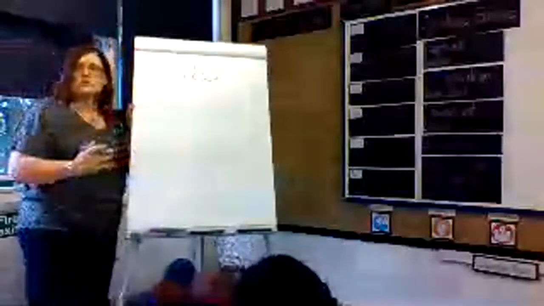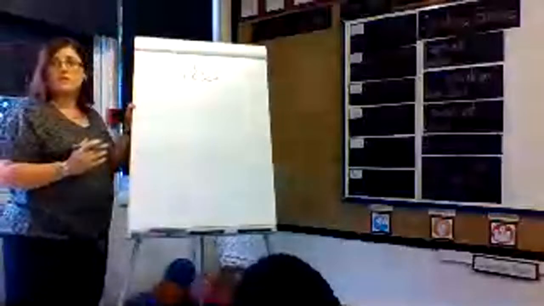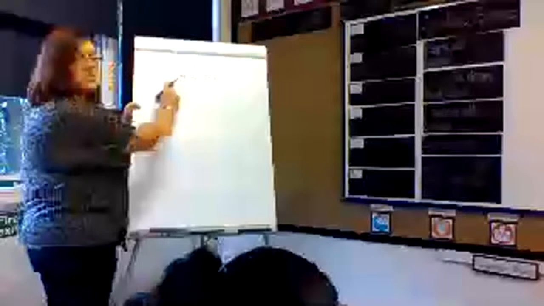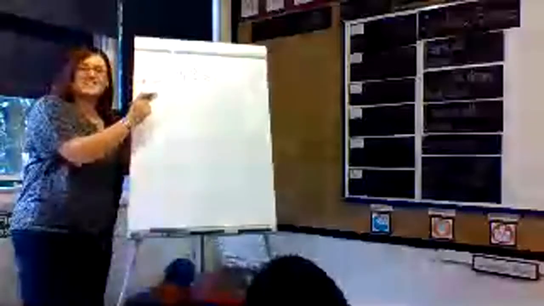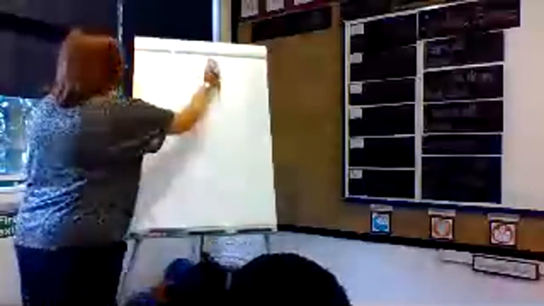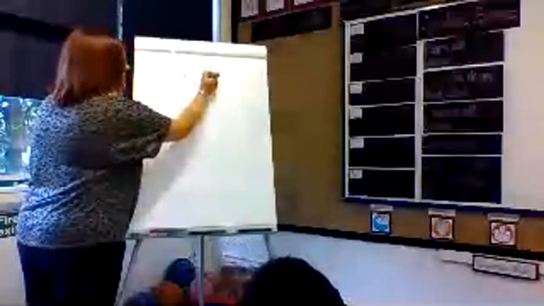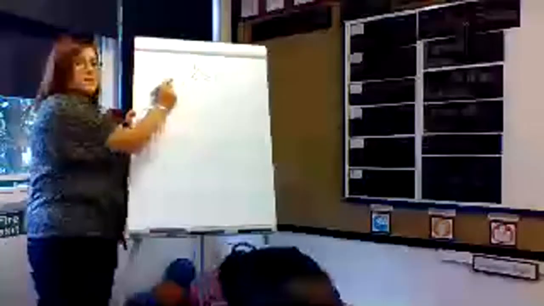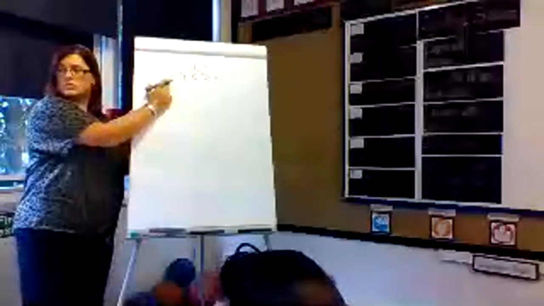How many 4s in 25? 6. Good. So 6 4s give me 24. There goes the 6. And we've got a 1 left over. And then 4 into what to finish? 12.